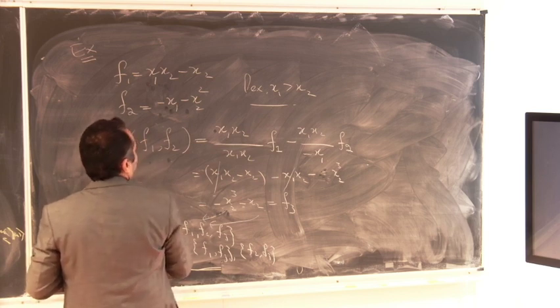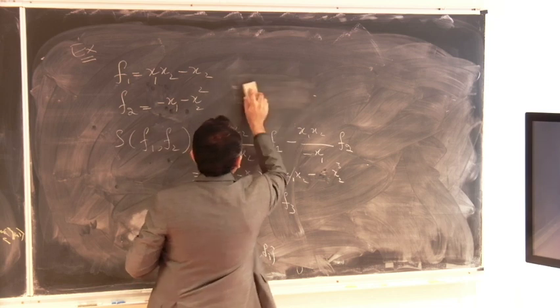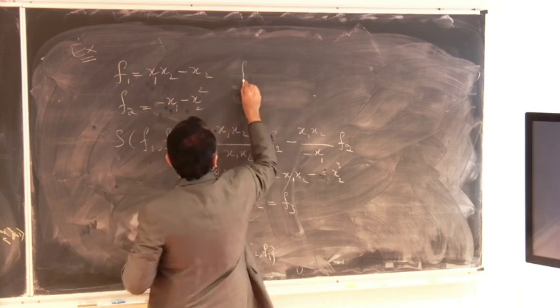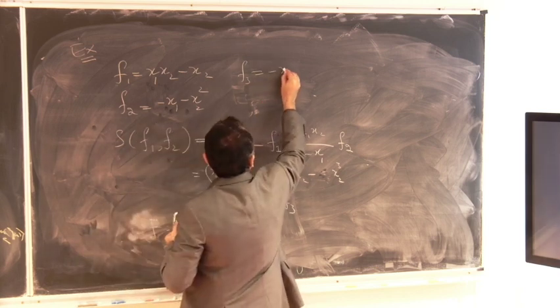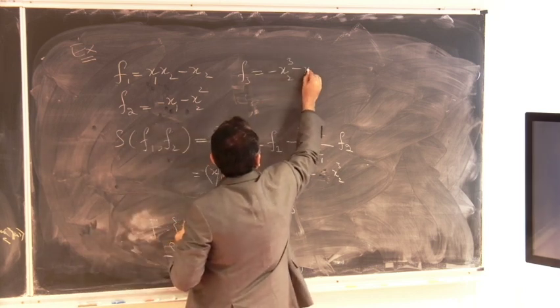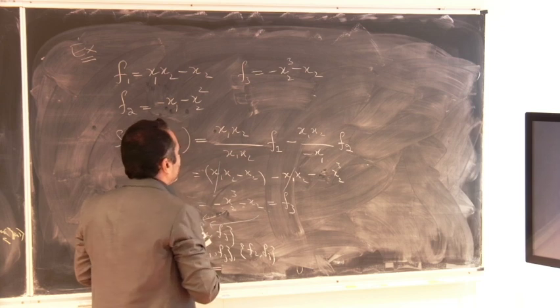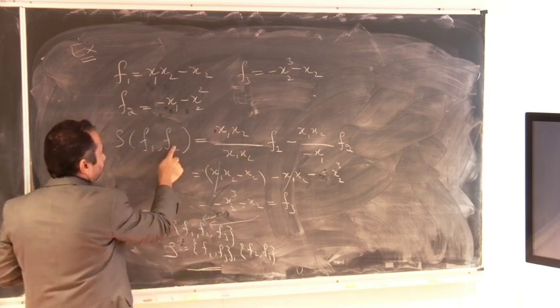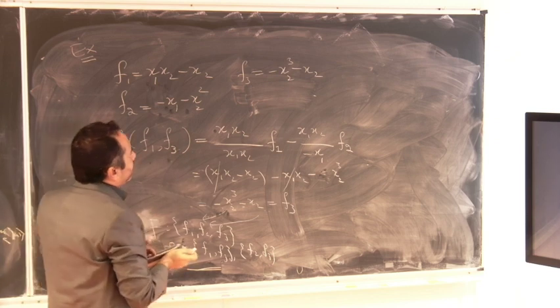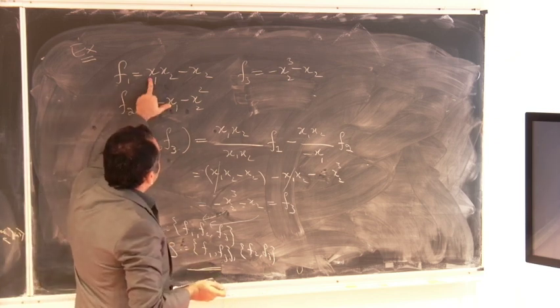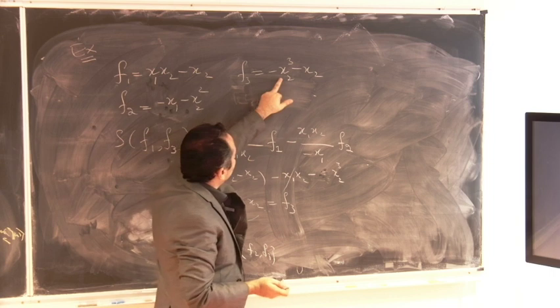So okay, we have this new f3 now, and that f3 is minus x2 cube minus x2. So now we need to compute the S polynomial of f1, f3. In f1 the leading term is x1 x2, in f3 it is x2 cube.